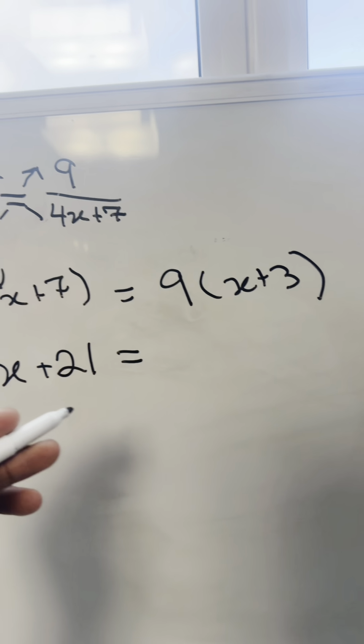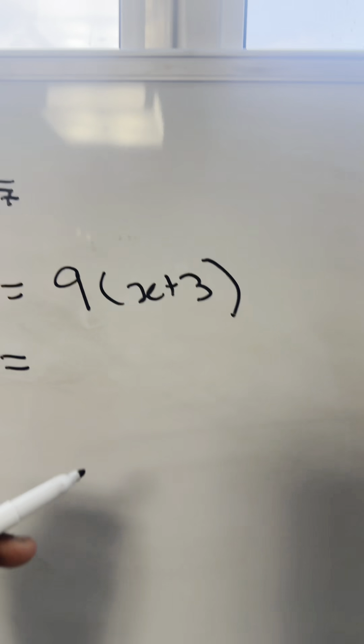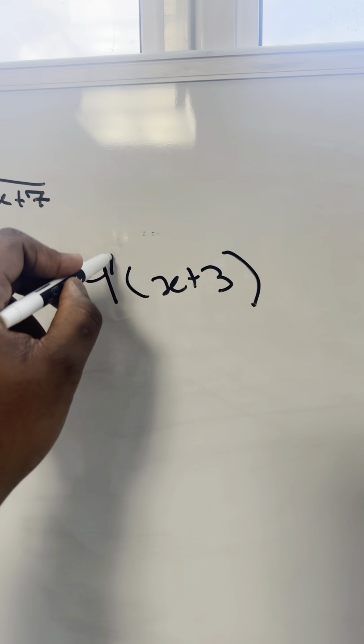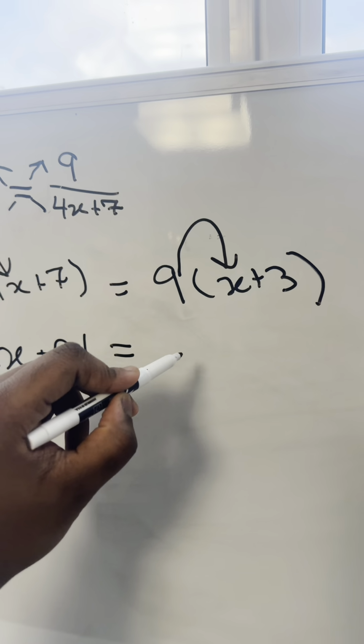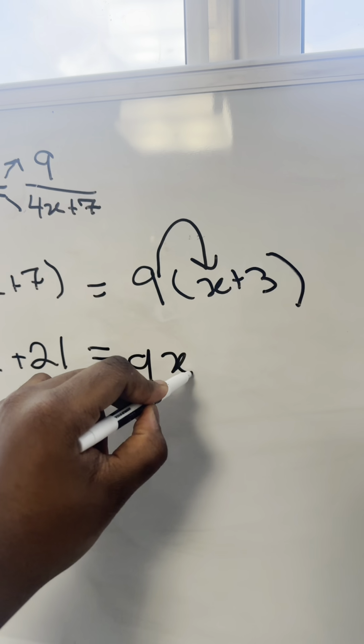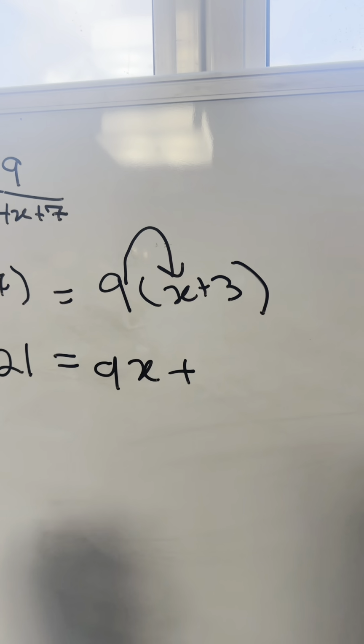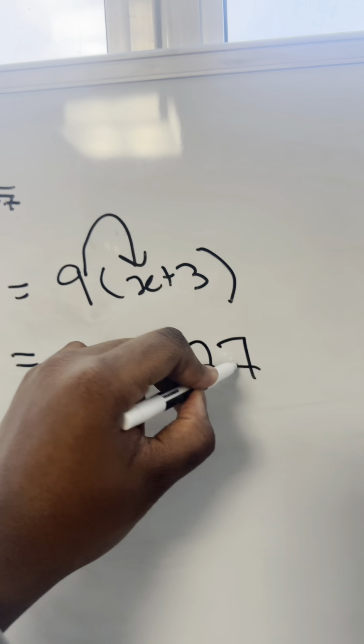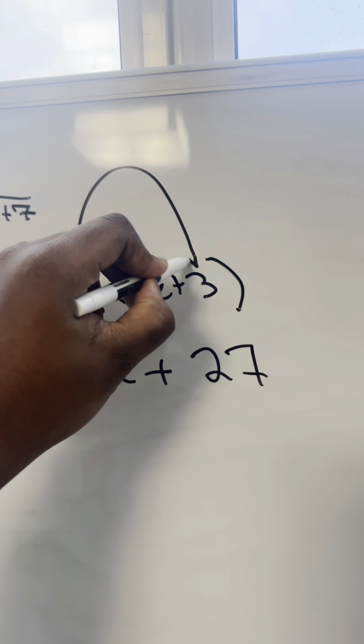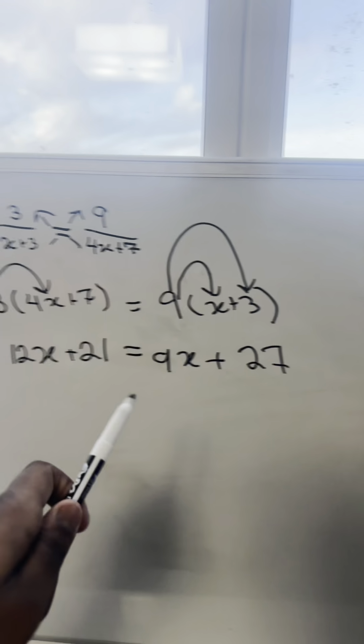Don't forget your equal sign. It's very important. And then here, 9 times x gives you 9x, and then 3 times 9 is 27. So this is what you have.